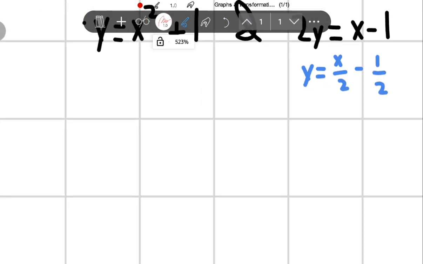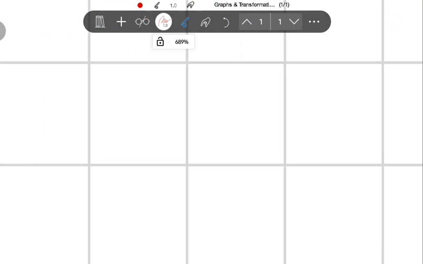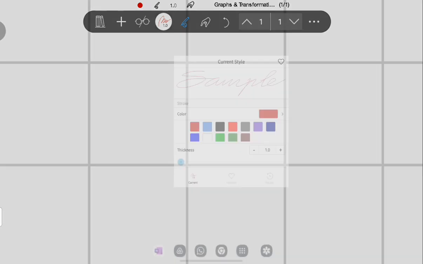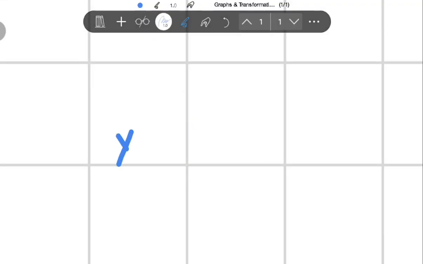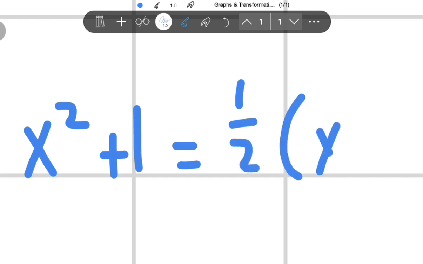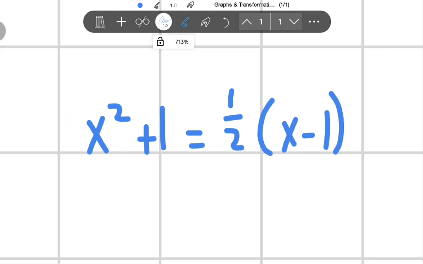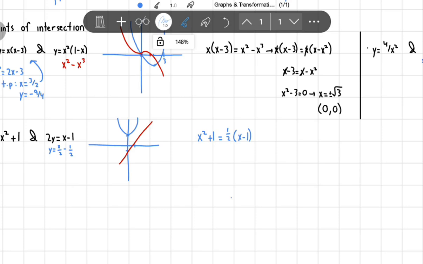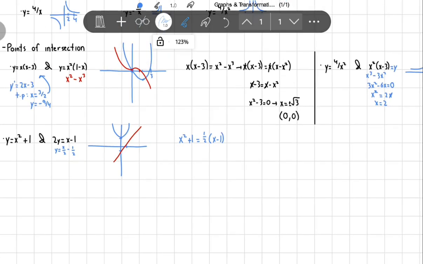So now if we just equate them together, let's just do it here. x squared plus 1 equals x over 2 minus half. Or I could actually just take half as a common factor, so half of x minus 1, and times the whole thing by 2 on each side to get rid of it.